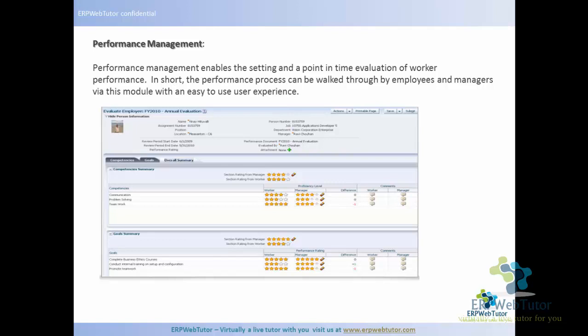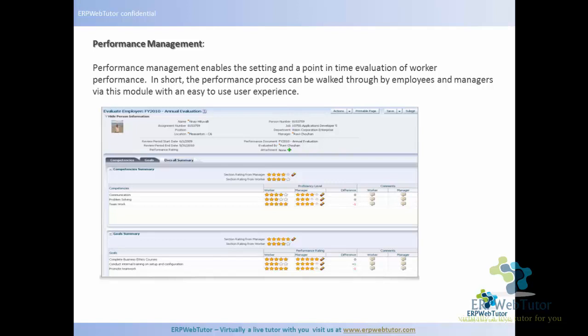So basically, you can set your targets, you can set your dates, and then during the period there will be a feedback. The employee or the manager can initiate the process, and they can add multiple people in the chain to get their feedback, and they will give their ratings. So you'll define their rating scales.